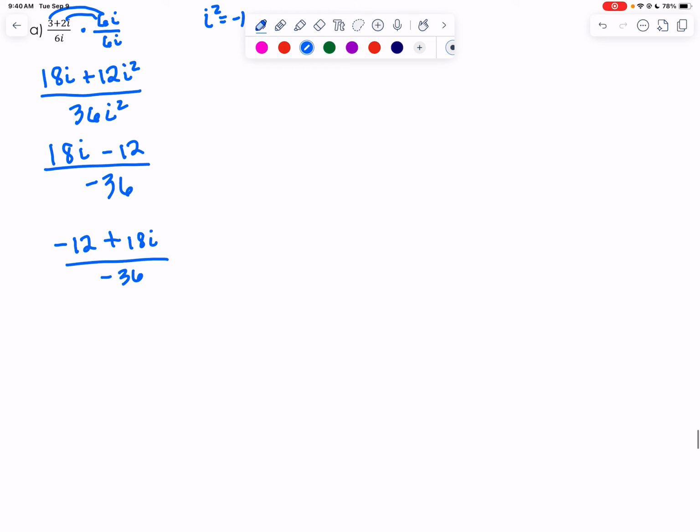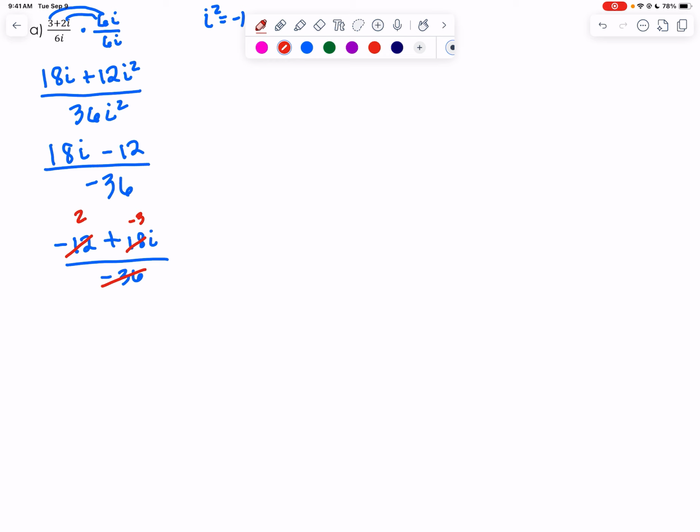Now, if you were my student and you were to put your answer like that, I would probably accept it. Although I'm hoping you'll recognize that these fractions can be simplified because they all have a common factor of negative 6. So I'm going to divide everything by negative 6 and see what we get. Negative 12 divided by negative 6 would be positive 2. 18 divided by negative 6 would be negative 3.